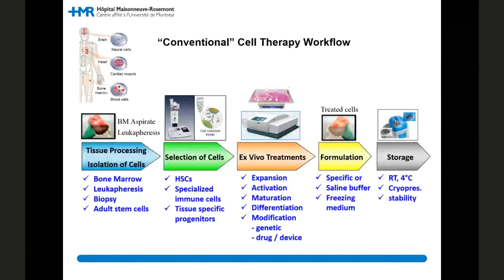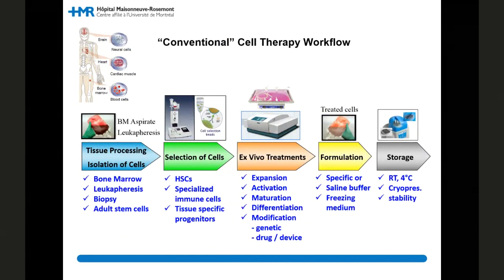So if we're thinking of the conventional cell therapy workflow, we go from tissue processing, isolating the cells. Here you have a list of tissues that could be used, either bone marrow or leukapheresis from peripheral blood, or it could be biopsy specimens, and you could be isolating adult stem cells.